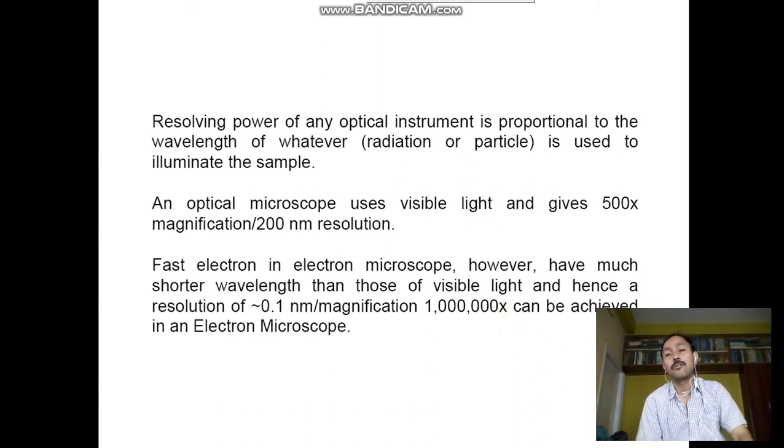This is huge. Its resolution is very good. So while taking pictures of different nanomaterials or semiconducting materials, the electron microscope gives us better characterization. We can characterize them more conveniently.